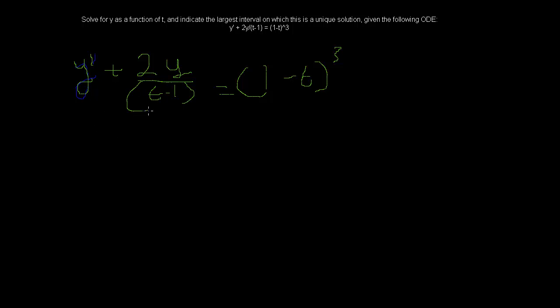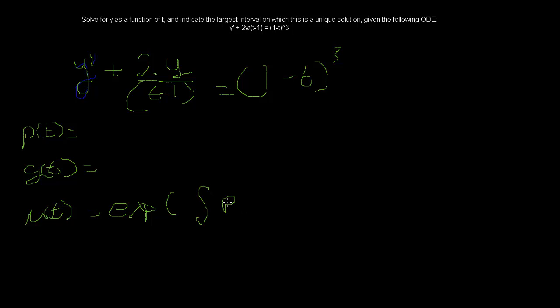So the first thing we do is figure out what to use for the integrating factor. We need p of t, we need g of t, and we need mu of t, right? Mu of t equals e to the integral of p of t with respect to t.